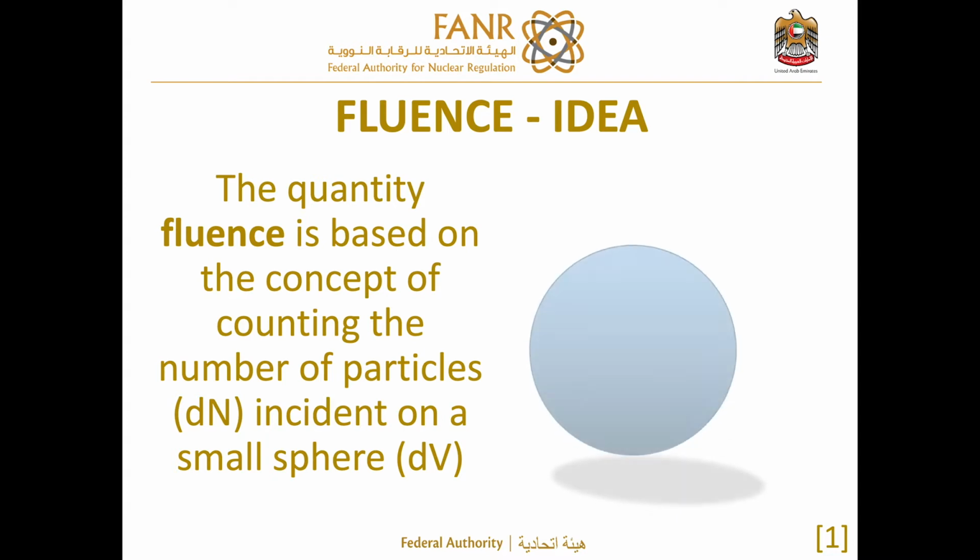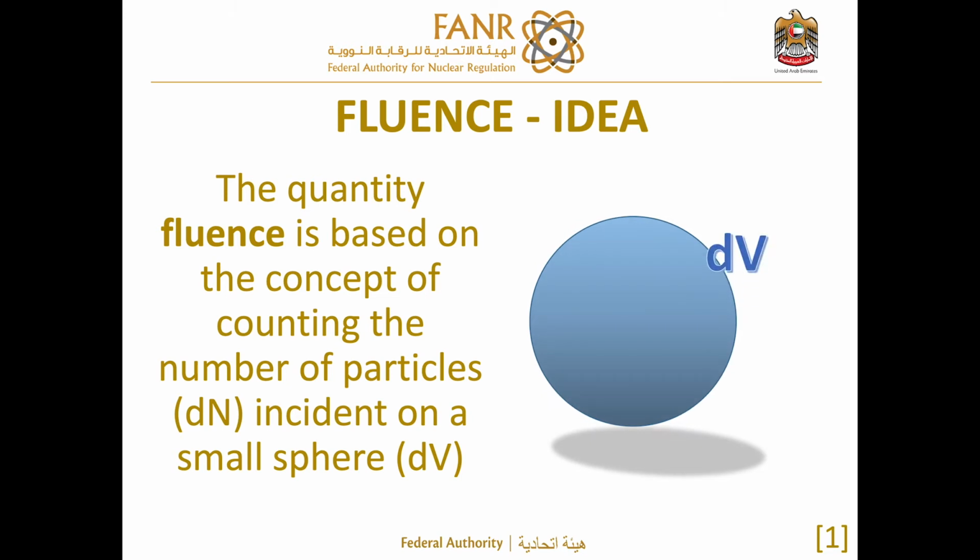Now, you have to imagine that there is a sphere, a small volume, a sphere of volume dV. Consider one area inside that sphere, which will have a small area dA. And now consider all the particles which are crossing perpendicular to that surface.